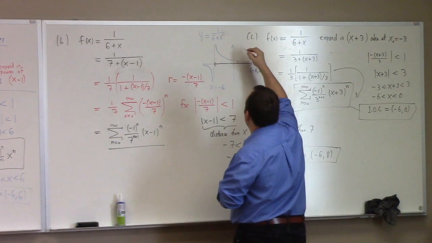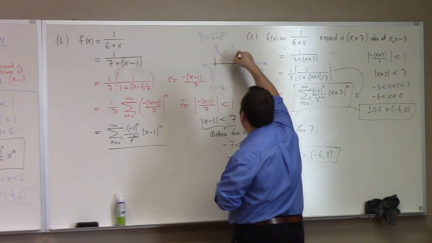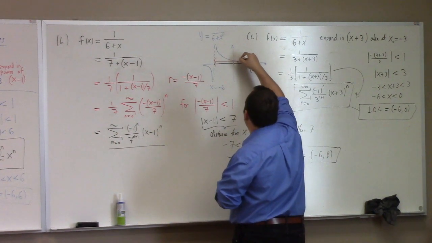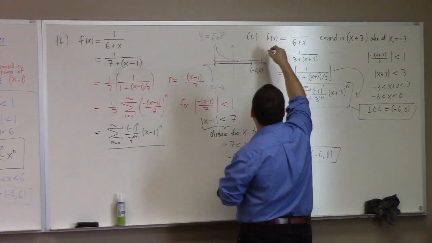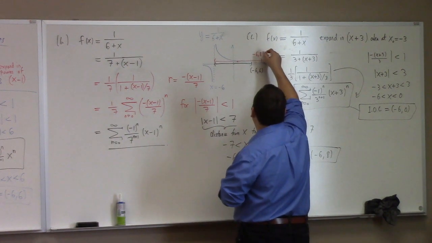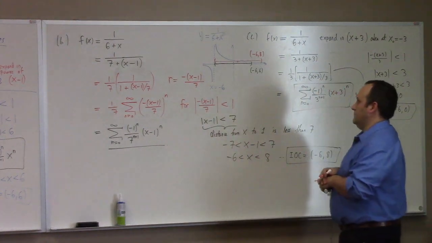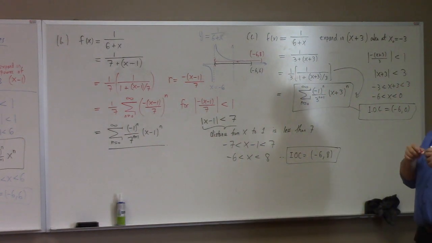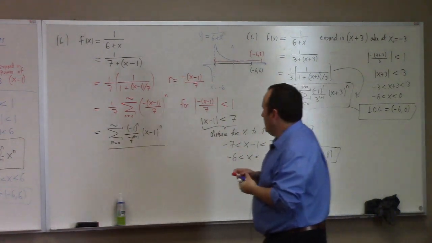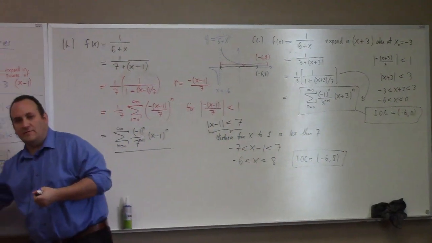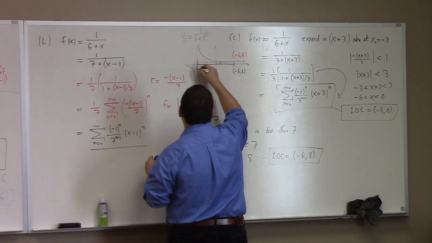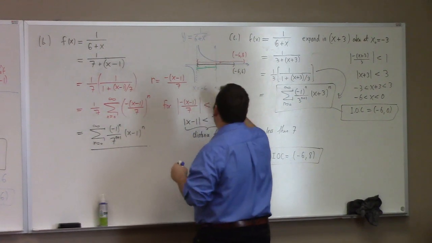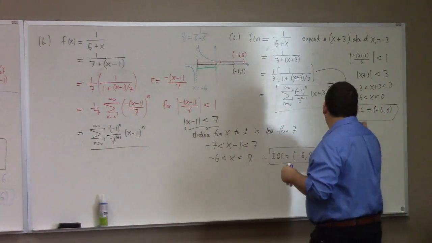When we centered it at 1, we still got stuck at minus 6, but then since our center is over here, we got to go out a little further, right? And then in part C, since we centered it at minus 3, that was the smallest interval of convergence altogether, right? We just went like this there. That one was this one.